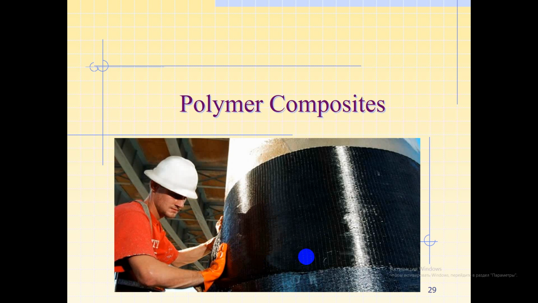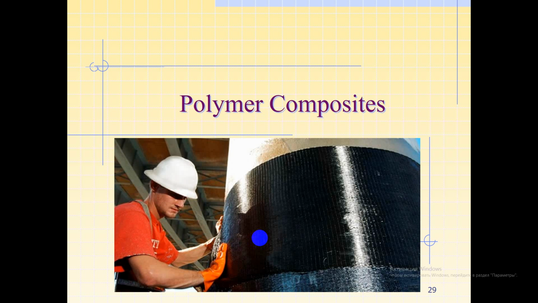Also, we can say fiber reinforced polymer, a composite material made of a polymer matrix reinforced with fibers, offers a great alternative for strengthening metallic structures, especially steel structures such as bridges, buildings, offshore platforms, pipelines, and crane structures.